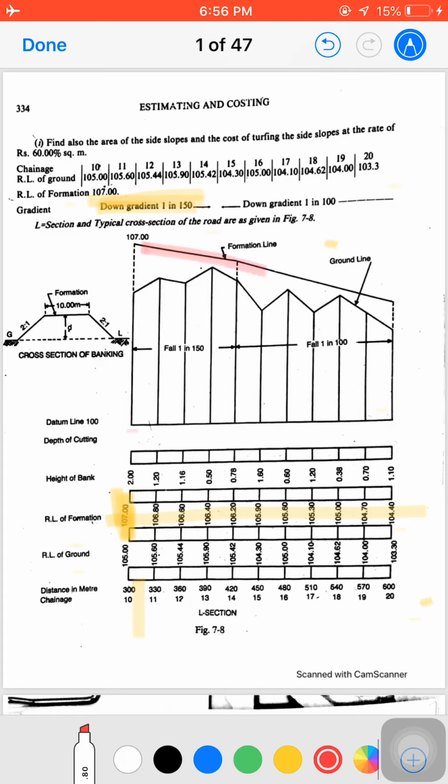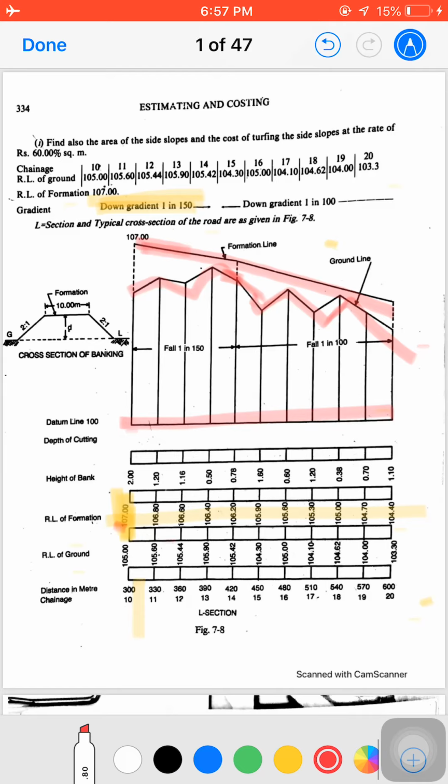This is the formation, or you can say FRL, fixed road level. Then this is the datum line, and this is the ground. This is the RL of ground. If you plot the RL of ground, you will get this section. RL of formation first is 107. 107 minus 0.2, you get 106.8.